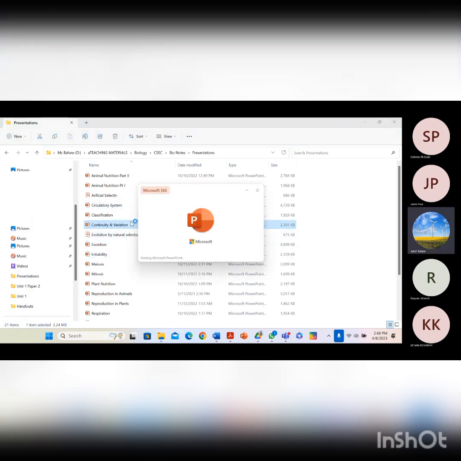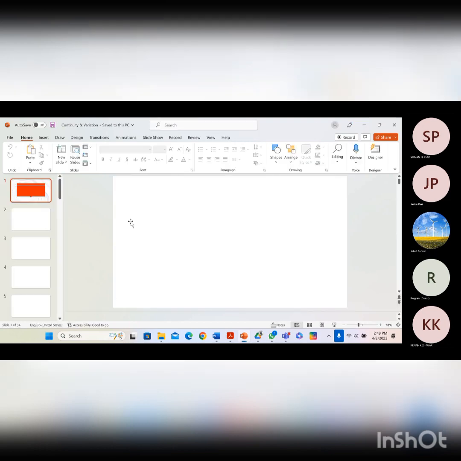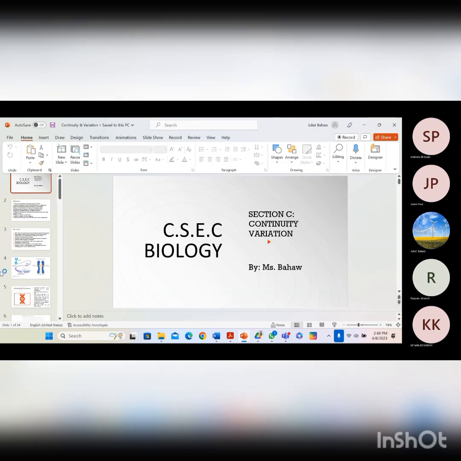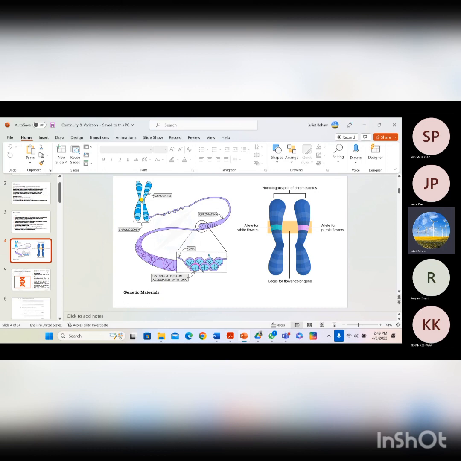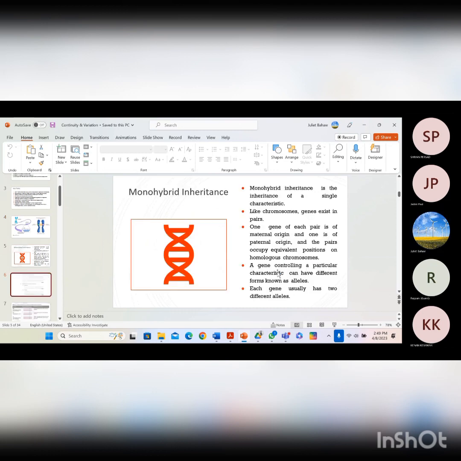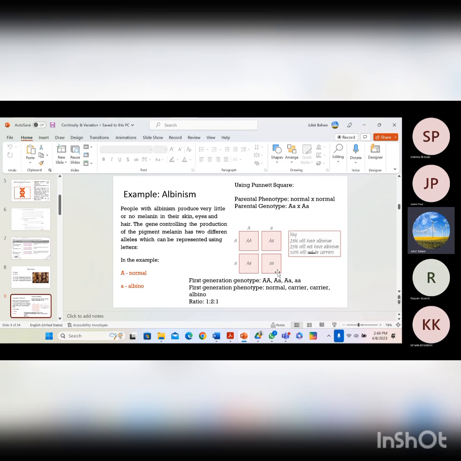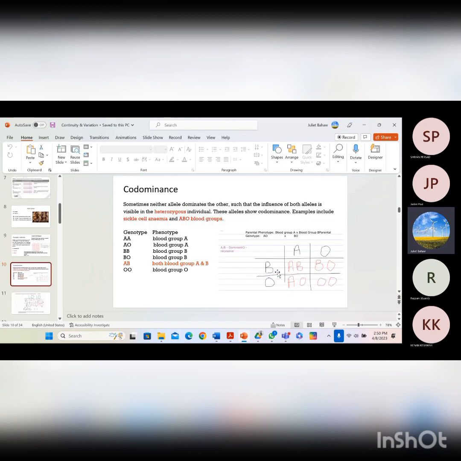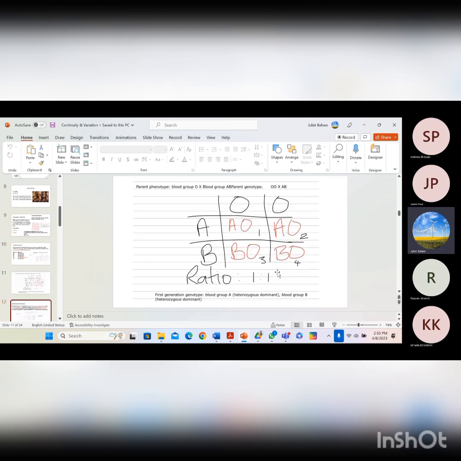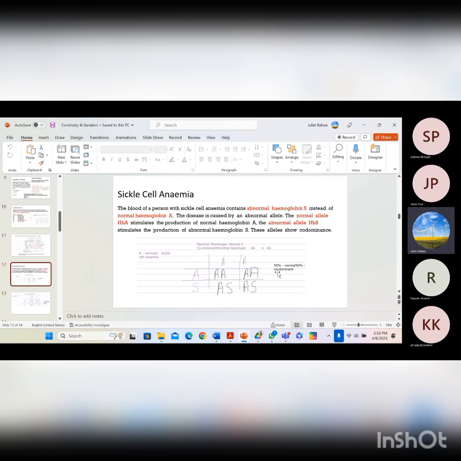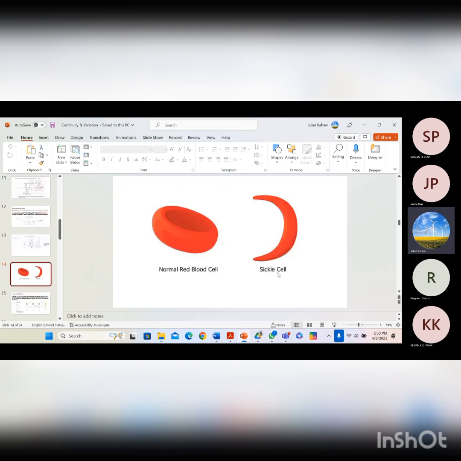So I'll tell you which slide we reached. Right, we went through all the terms. We looked at the first example, which was albinism. We have not done codominance just yet. Next week, we'll look at codominance, and we'll look at sickle cell anemia, this genetic disease.